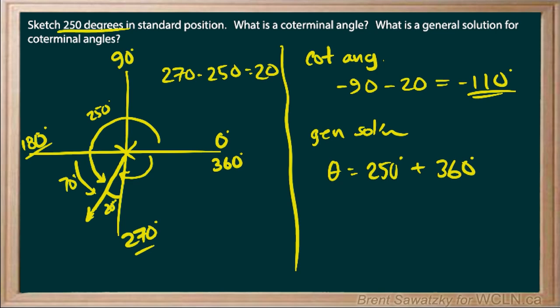And so bottom line is we could put an N here and say we could have looped around as many times as we want, and we would still land at that same place. If we started at 250 and looped 360, 720, whatever, we always end up back there. So easy for a general solution. But we could have gone negative as well.